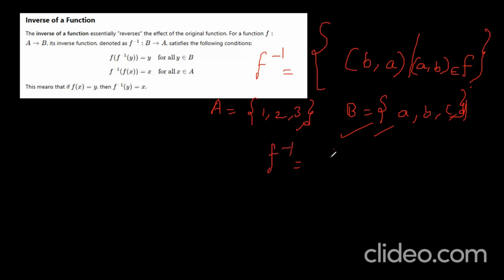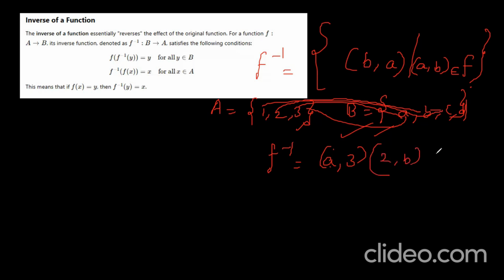F inverse if I take, what am I getting? 3 to A, 2 to B and 1 to C I took, okay? A comma 3, B comma 2 and C comma 1. I will get like this. This is the ordered pair. But you see D is left. It is not a function, right?